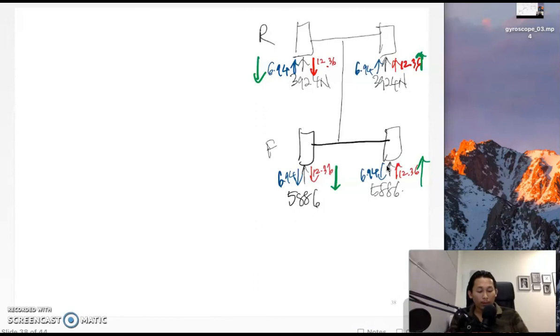So the magnitude is 1543.83. So we have our front wheel number 2, rear wheel 1, and rear wheel 2.